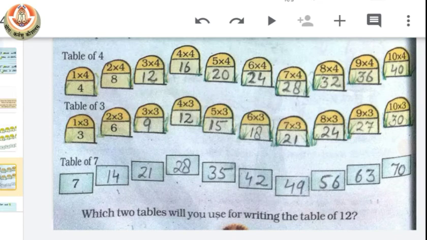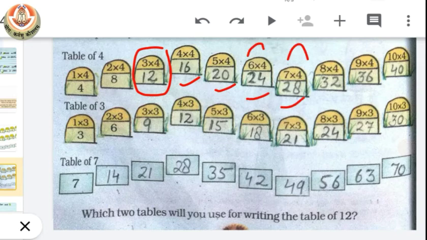First we have to complete the table of 4, which is 3 into 4 equals 12, 4 fours are 16, 4 into 5 is 20, 4 into 6 is 24, 4 into 7 is 28, 4 into 8 is 32, 4 into 9 is 36, 4 into 10 is 40. Right? This is the table for 4.